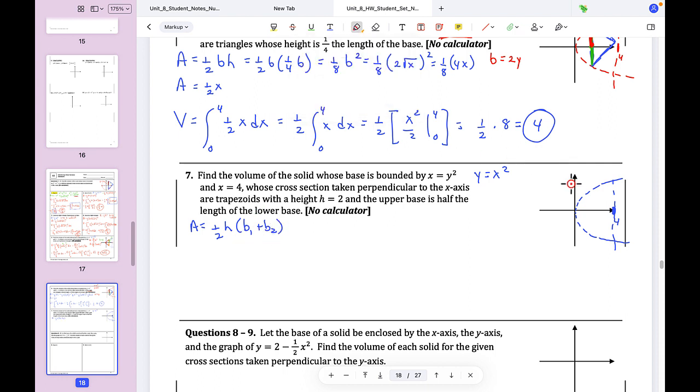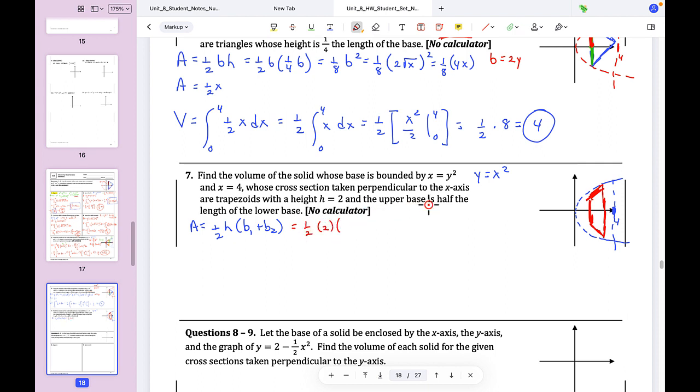So if I were to sketch a trapezoid in here, all right, there's a base. Okay, there's a trapezoid, all right? Okay, the height is 2, all right? So this is going to be 1/2 times 2.